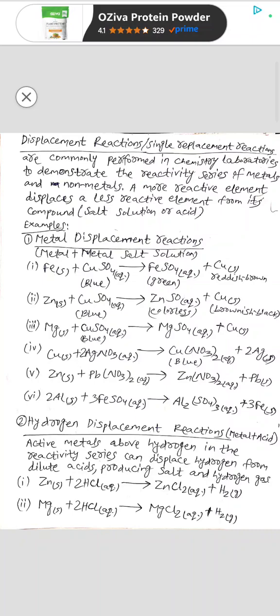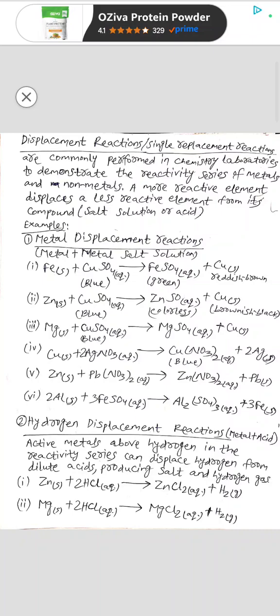Very simple example, Zn plus 2HCl. Zinc is above hydrogen. Okay, so zinc will displace hydrogen from dilute hydrochloric acid to form a salt zinc chloride and hydrogen gas is released. So Zn plus 2HCl gives rise to ZnCl2 plus H2. This is an example of hydrogen displacement reaction because hydrogen is displaced.